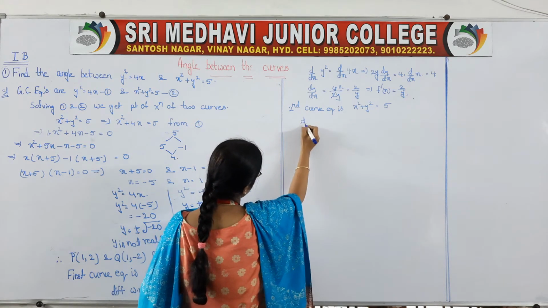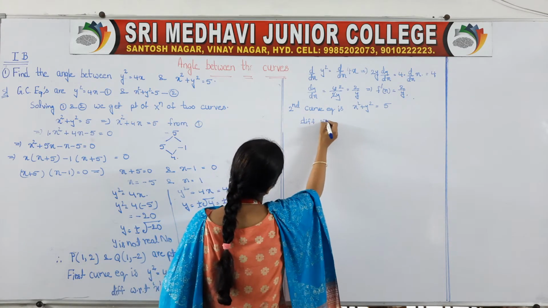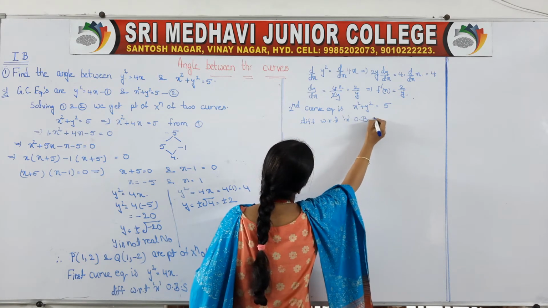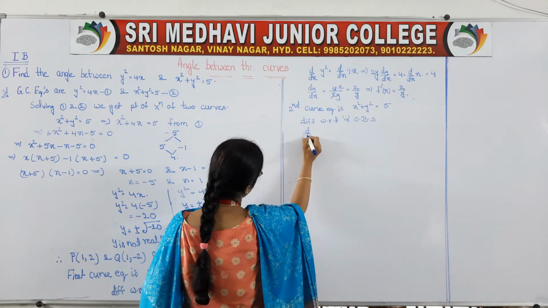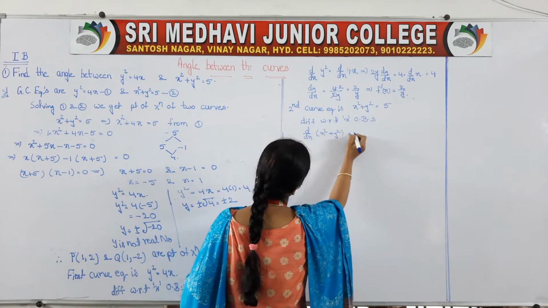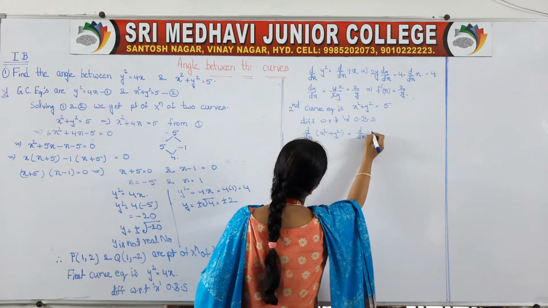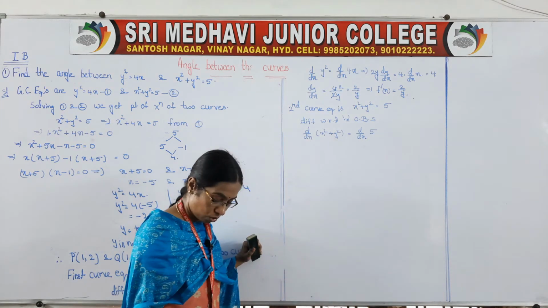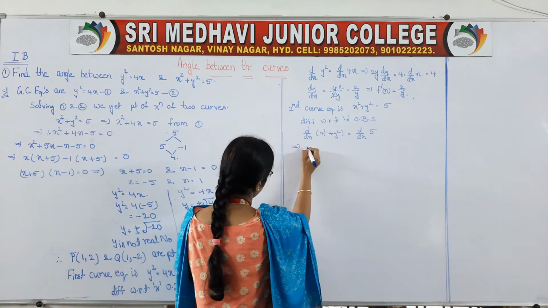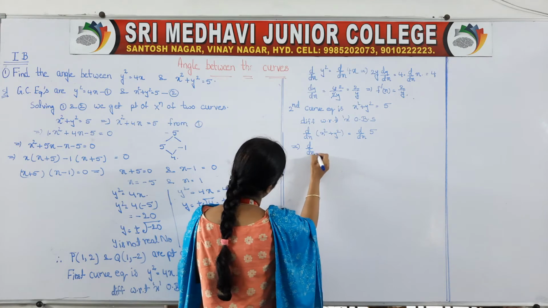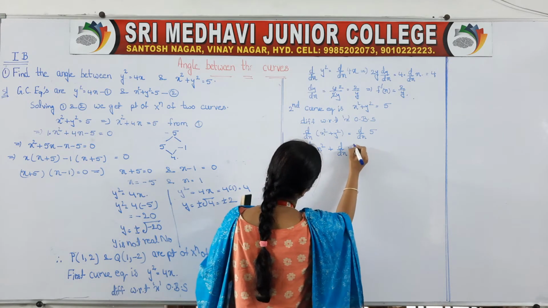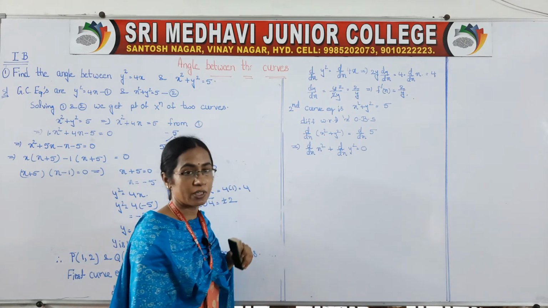So differentiating with respect to x on both sides, d by dx of x square plus y square is equal to d by dx of 5. Whenever we are having plus, we will take separate derivatives. So it is d by dx of x square plus d by dx of y square is equal to 0.